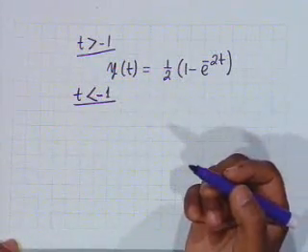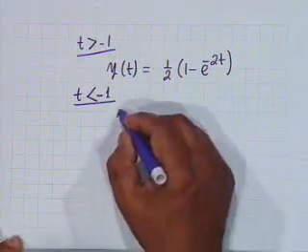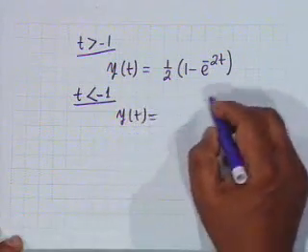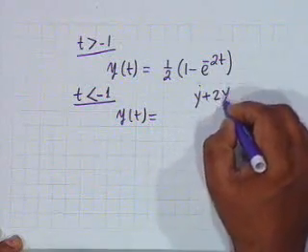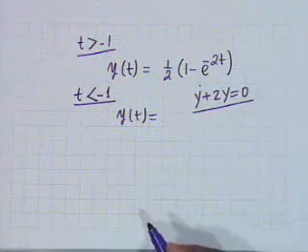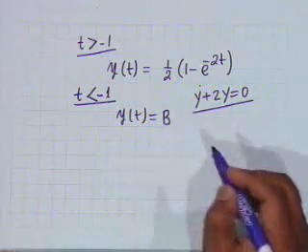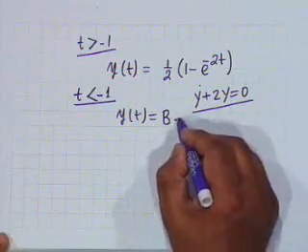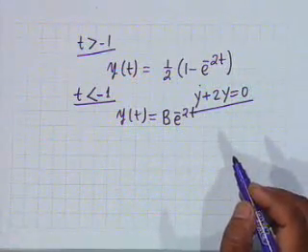T less than -1. For t less than -1, x of t is 0, and therefore the right hand side is 0 in the equation y dot plus 2y. This is the equation, and it has the same type of solution, that is, some constant b multiplied by e to the power -2t.